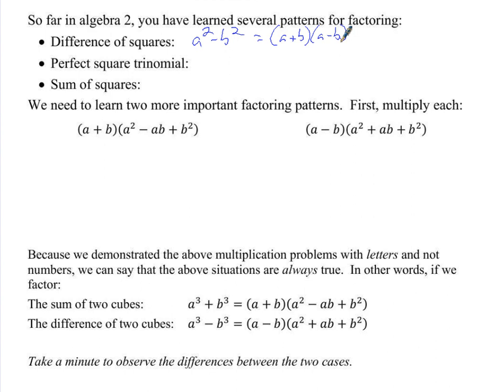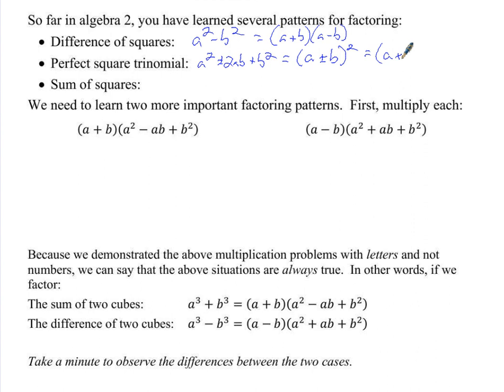The perfect square trinomial was, if I have a squared plus or minus 2ab plus b squared. I'm saying plus or minus because I could have a positive there or a negative there. The same pattern holds. Then that factors into a plus or minus b, the quantity squared, which is the same as, I can write that out fully like a FOIL problem.